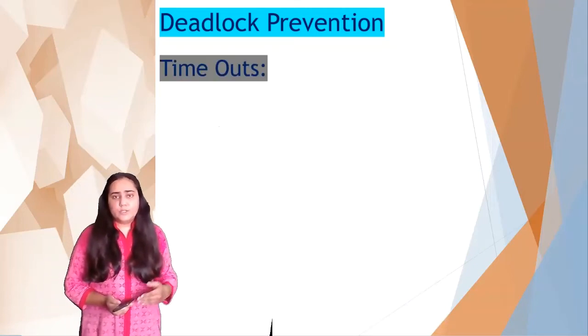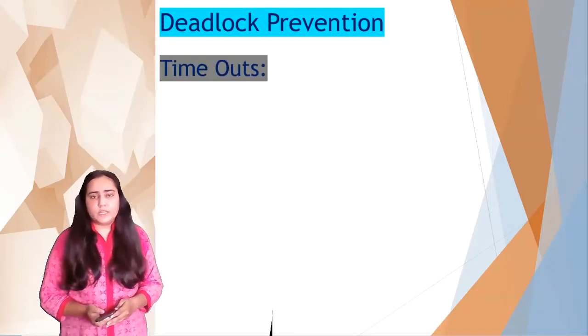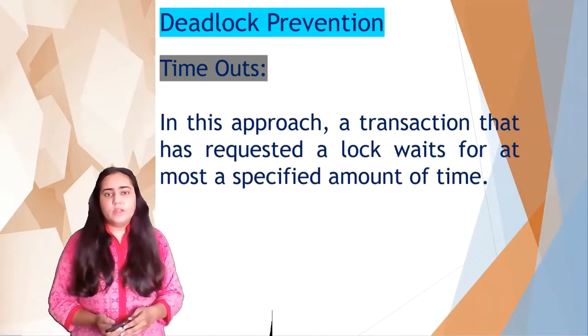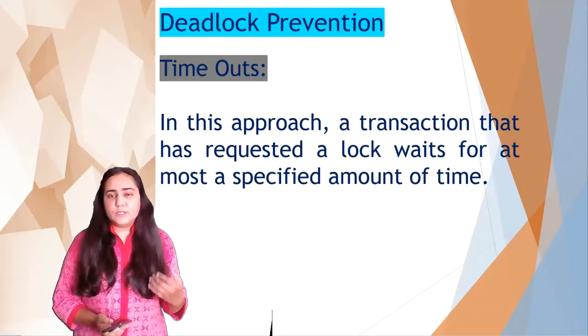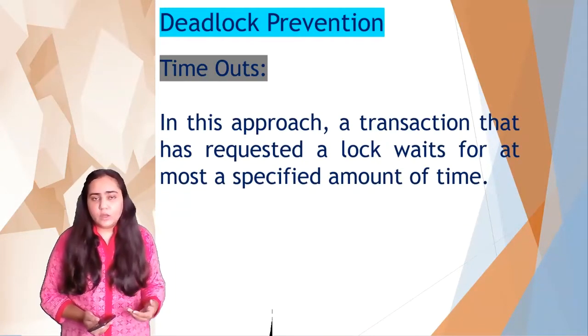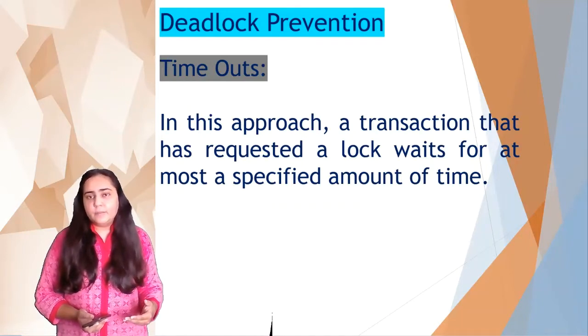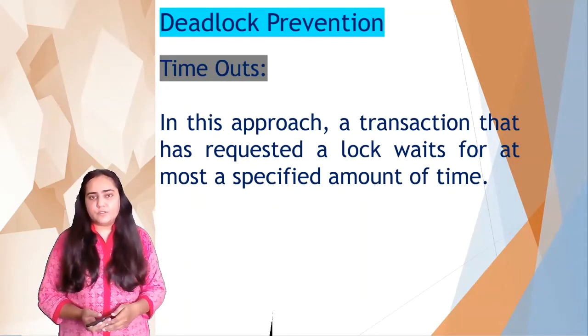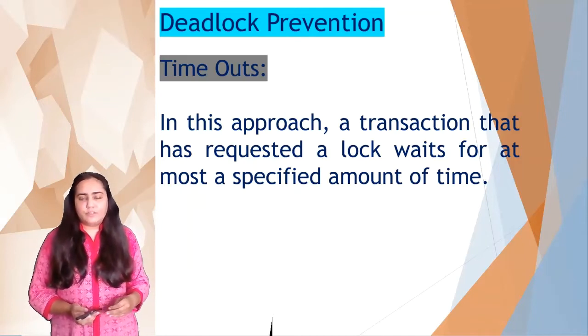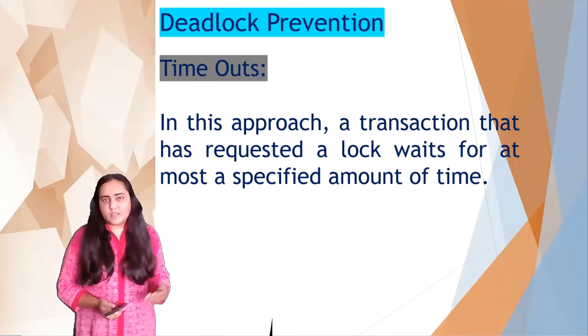And this brings us to our last deadlock prevention technique, which is known as timeouts. So in timeouts, a transaction that has requested a lock waits for at most a specified amount of time. So if the time specified is, say, 10 seconds, then the transaction waits for 10 seconds.